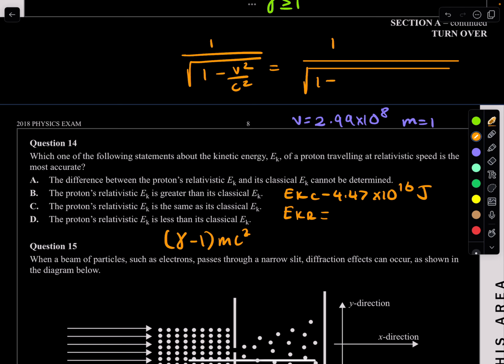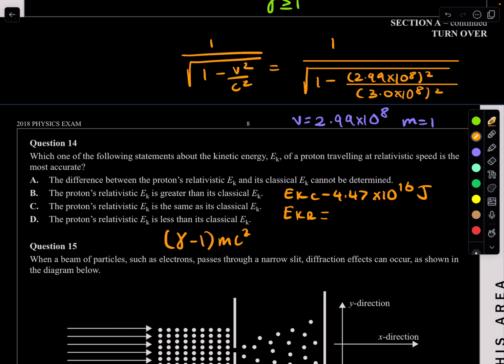What's your velocity? We said our velocity is 2.99 times 10 to the power of 8, squared over c squared, which is 3.0 times 10 to the power of 8, squared. And let's just do that.